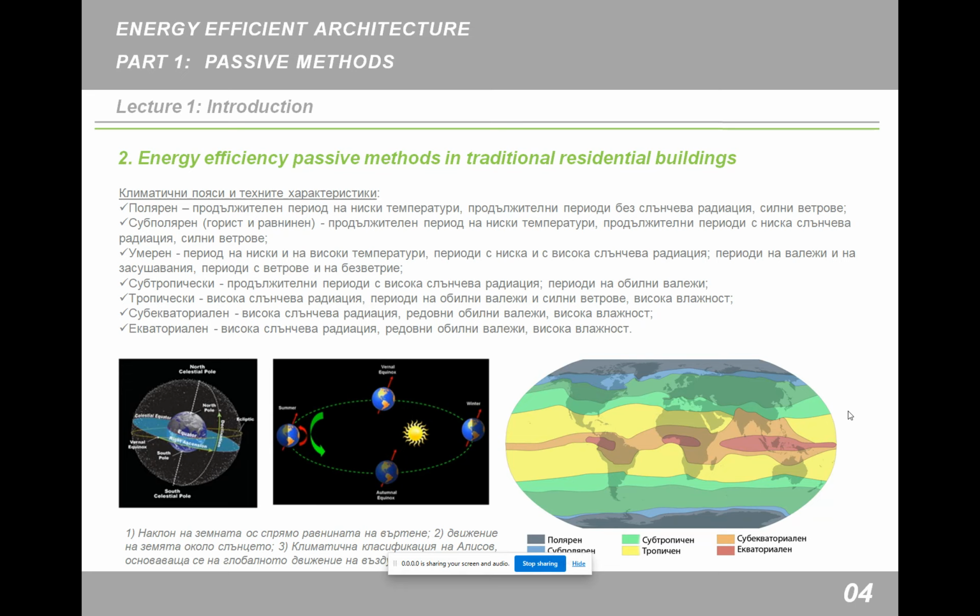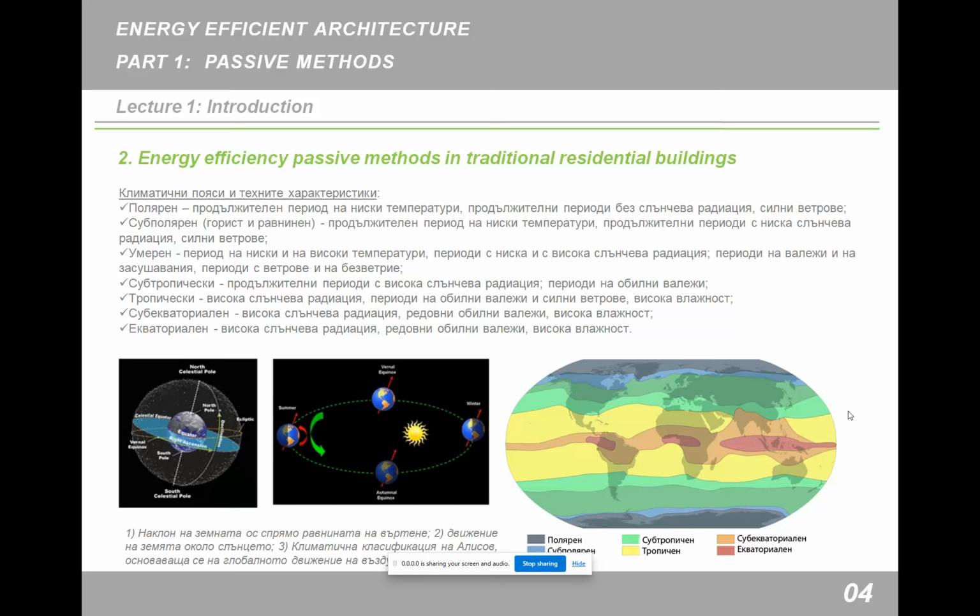The next ones are subtropical and tropical climate zones. They have long periods of high solar radiation and high temperatures, and they also have periods of very massive rainings and strong winds and high humidity.